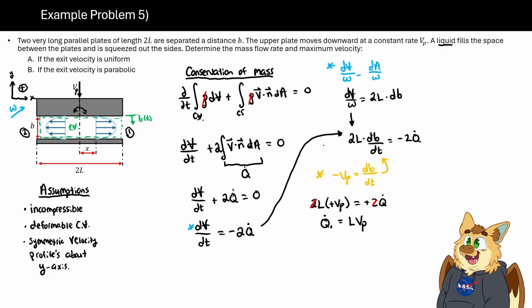Now, if we wanted to write the total volumetric flow rate between both sides, we just multiply by a 2. So Q dot total equals 2 times L VP. And then the question is specifically asking us for the mass flow rate. So we can write that M dot total is equal to 2 L VP times rho, because Q dot times rho is just M dot.